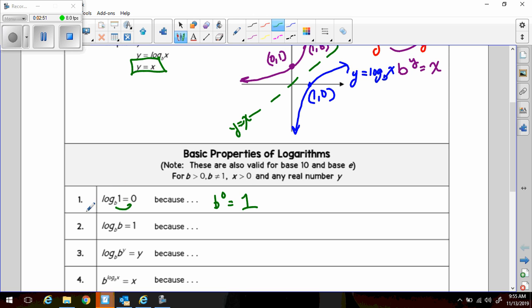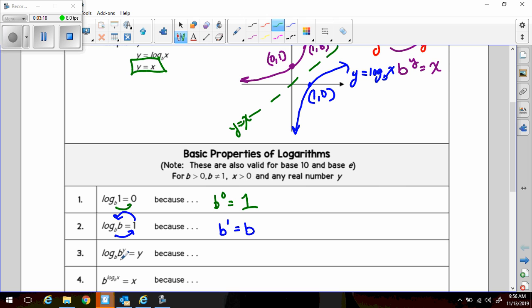So if we have log base 2 of 1, it's going to be 0. And for this one, if the base and the expression are the same, then it's always 1, because b to the first power equals b. So this is going to be 1.